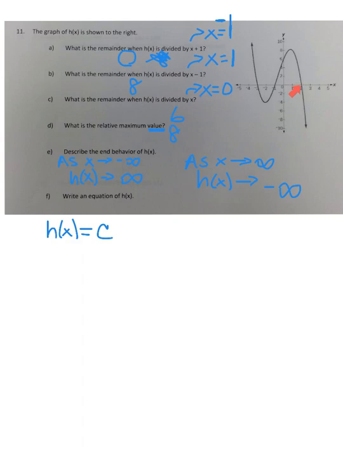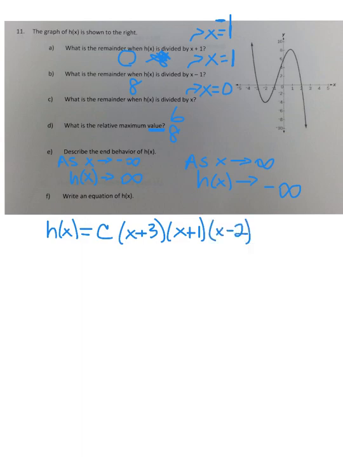But when we write the equation, we want to write them as factors, so we're going to switch the signs of those zeros. So if x equals negative 3, then its factor would be x plus 3. And if x equals negative 1, then its factor would be x plus 1. And lastly, if x equals 2, then its factor would be x minus 2.